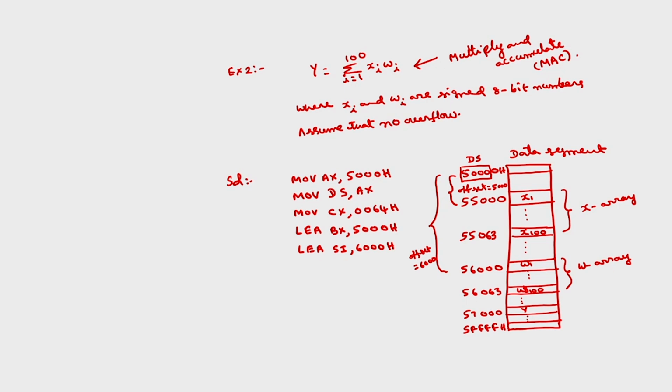Let us assume that the result is 16-bit, because if you multiply two 8-bit numbers, the result is 16-bit. I am assuming that here the result is 16-bit. So, I am storing the Y value in 5700 and 5701.